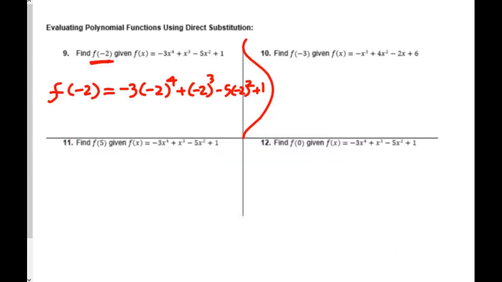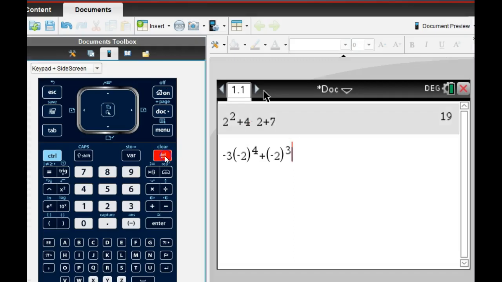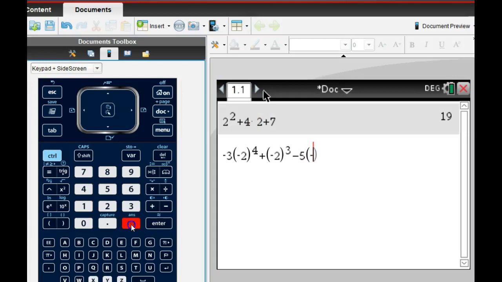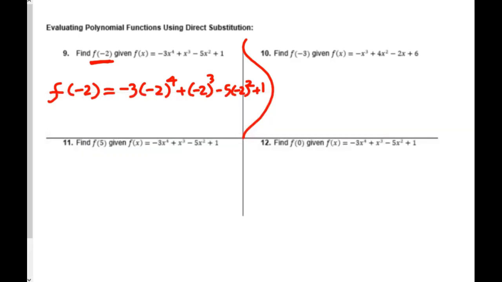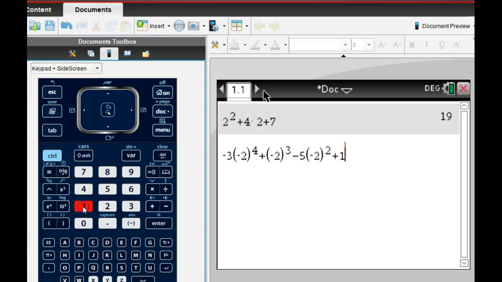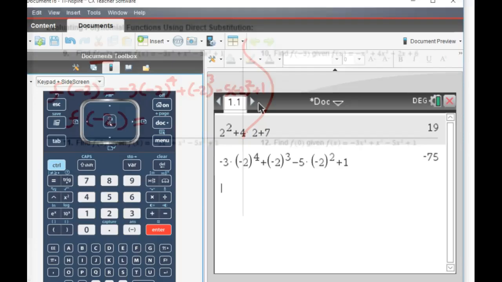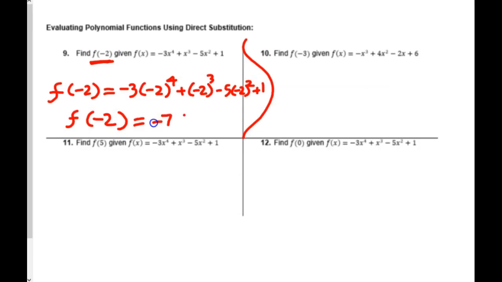Plus, oh, no, that's minus. 5 times -2 squared. Go to the right. And then plus 1. So if you can type that in correctly, you should get -75. I want you to try the next 3 on your own. Miss Marrero can help you out. All right.